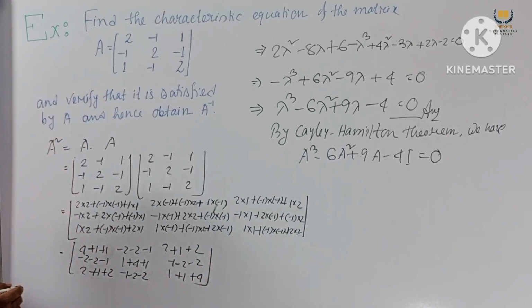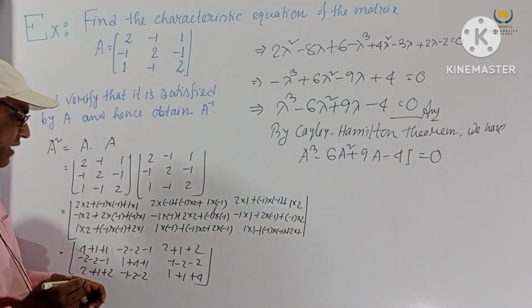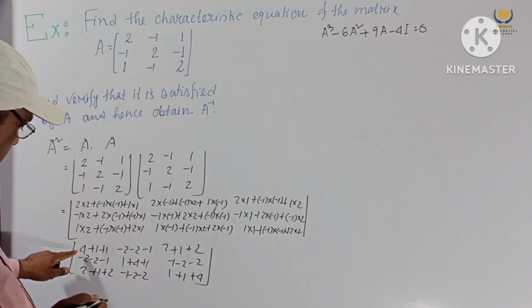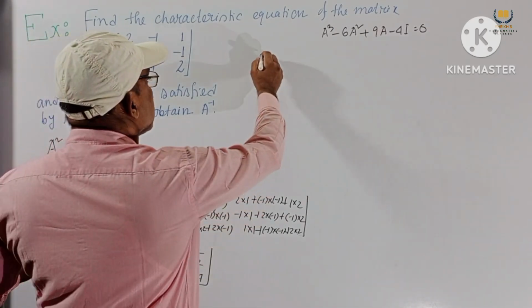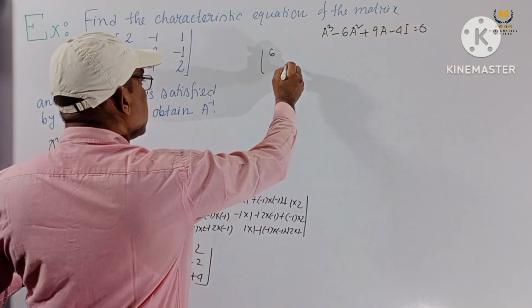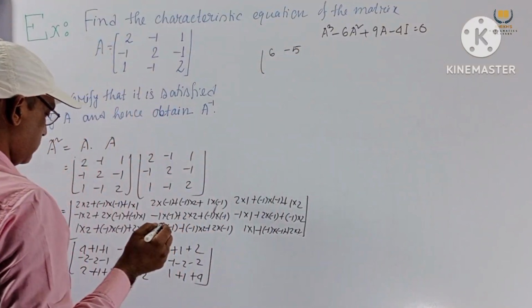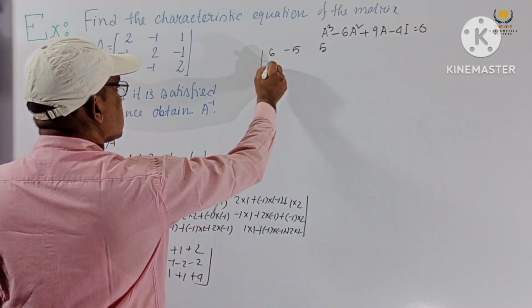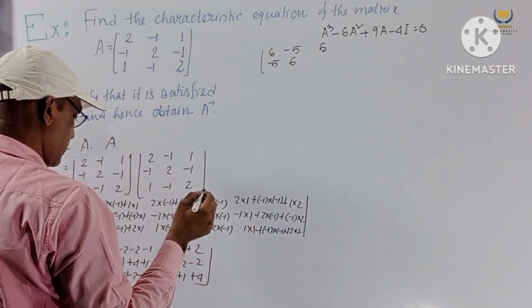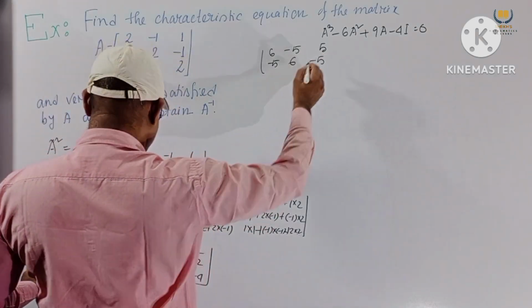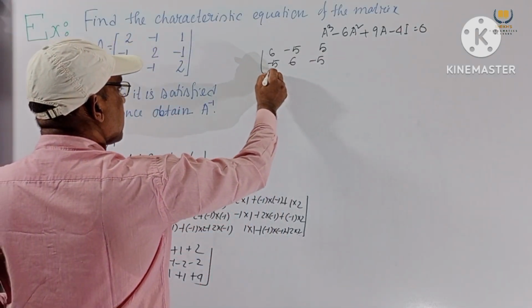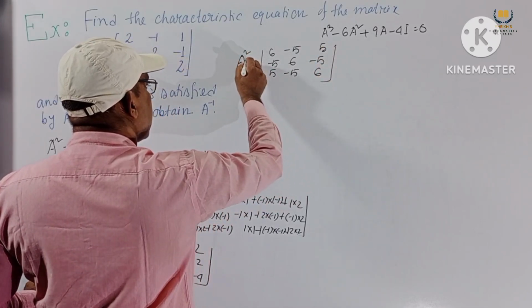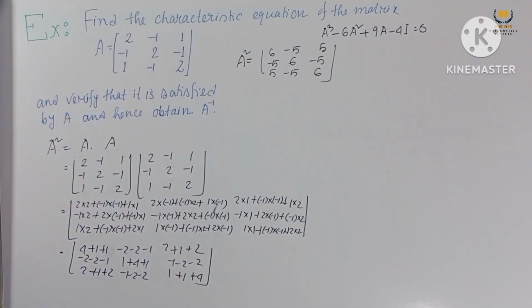Adding these, we get 6, minus 5, 5; minus 5, 6, minus 5; 5, minus 5, 6. This is A squared.